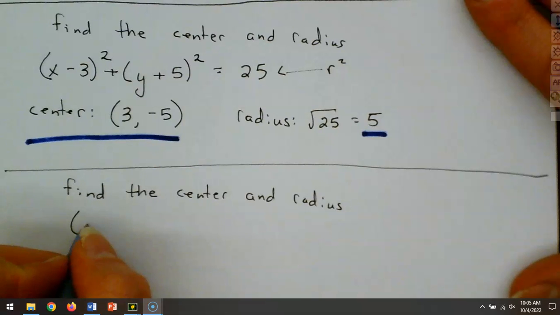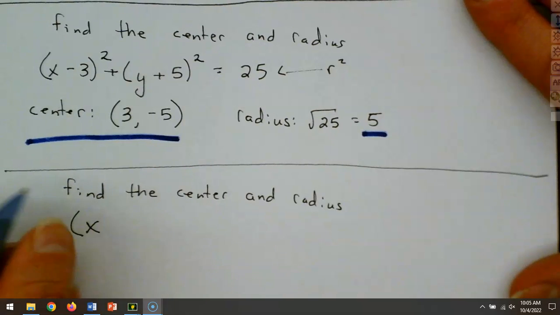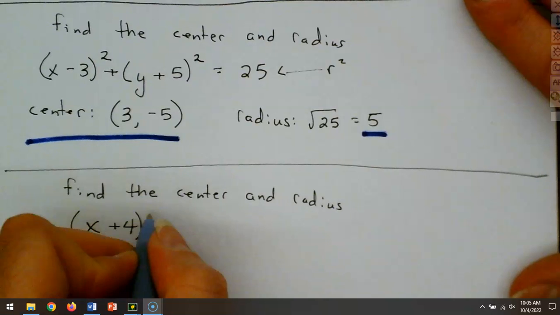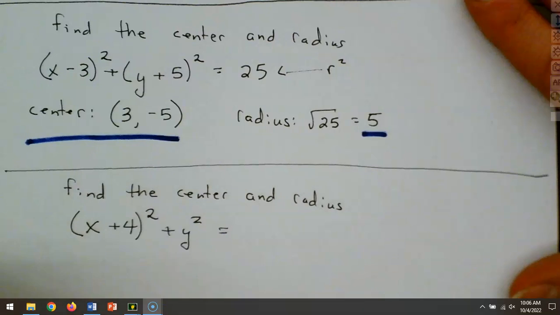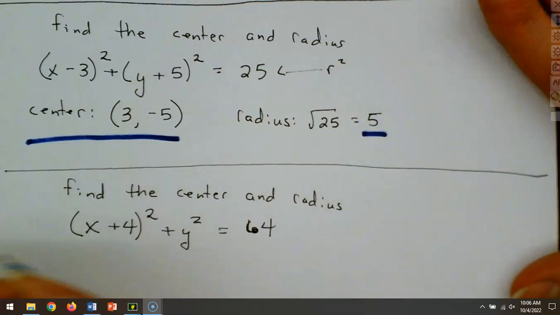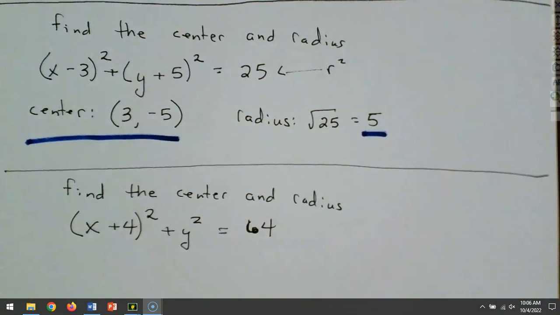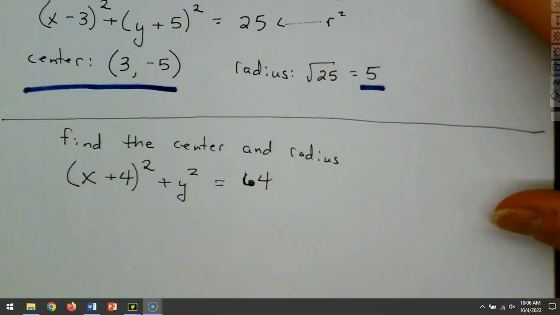And how about x plus 4, quantity squared, plus y squared equals, how about 64? Okay, so what are we going to look for here? Now notice the y part. It doesn't have anything with it, so that's going to be a 0. For the x part, we switch our signs.